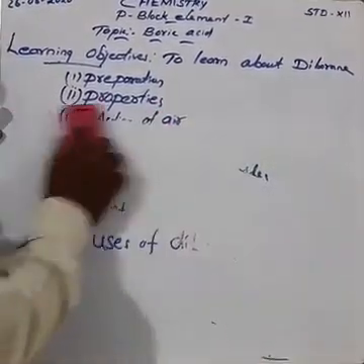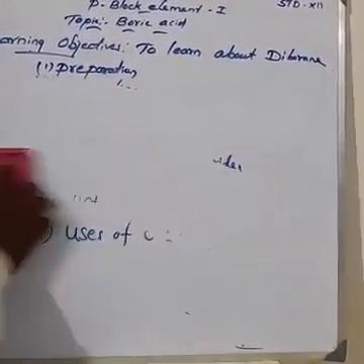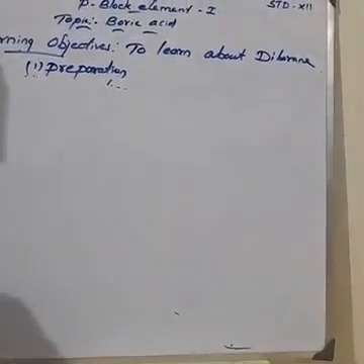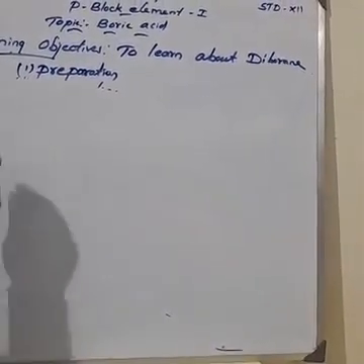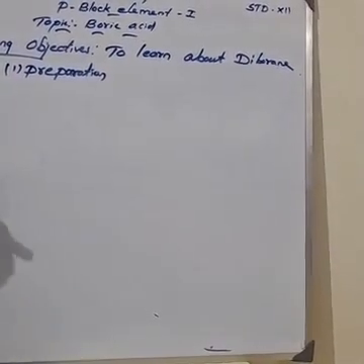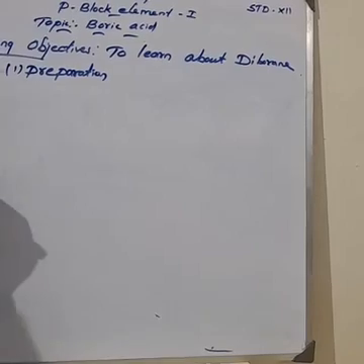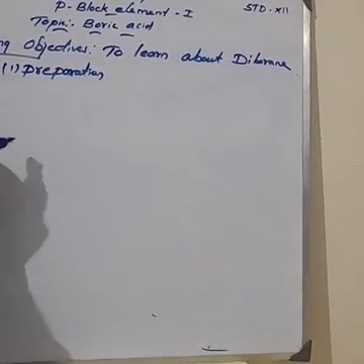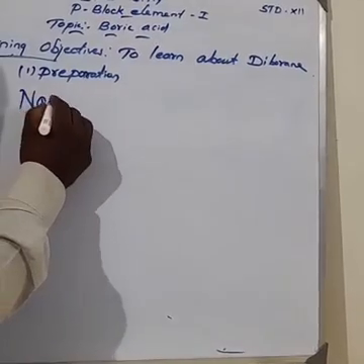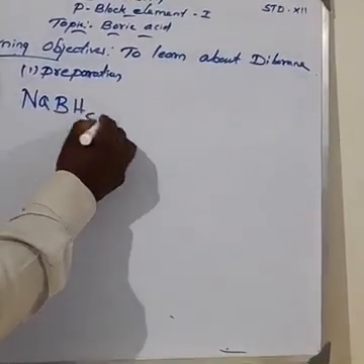For the preparation of diborane there is a simple concept. How is diborane prepared? The metal hydride with the boron, we get diborane. For example, sodium borohydride, formula NaBH4.